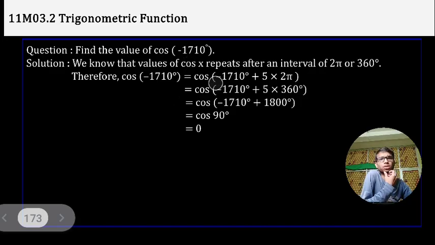This is very simple. You just know that 2 pi radian is 1 revolution and 360 degrees is 1 revolution. So how many revolutions is it?